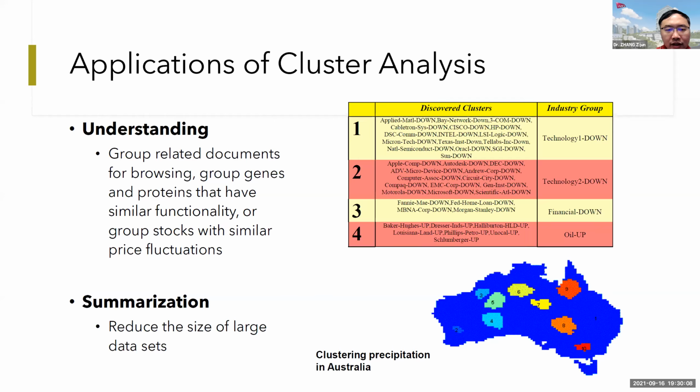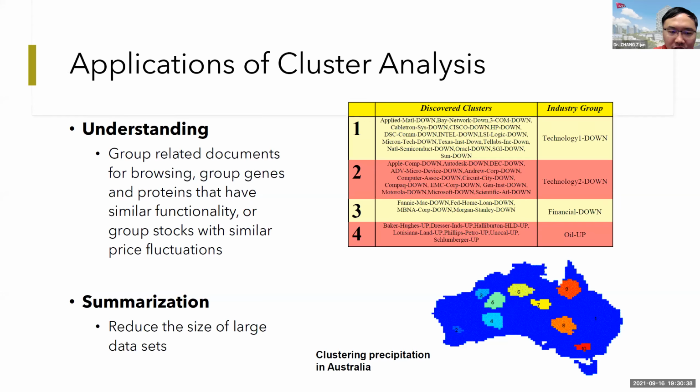Some of the quite famous applications of cluster analysis. First, cluster analysis can be utilized to understand documents or texts. We can group documents related to the same story so that we save time in browsing or searching.